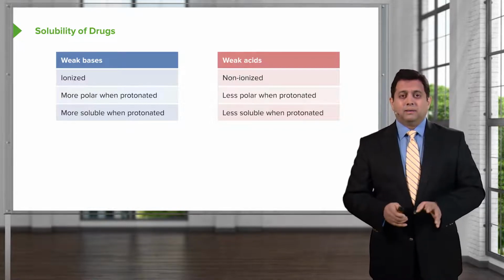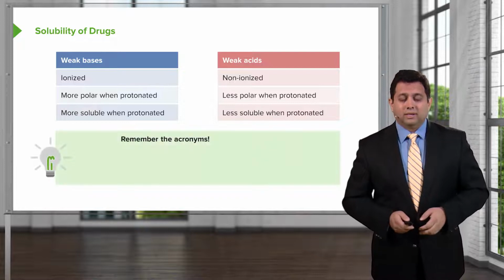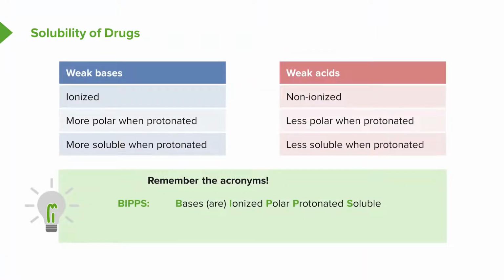That's really hard to remember, so I have a mnemonic for you to memorize this. There's BIPS and there's PAN. So bases are ionized, polar, protonated, and soluble, and PAN means that protonated acids are non-ionized, non-polar, and non-soluble. So if you remember these two acronyms, that'll help you with some questions.